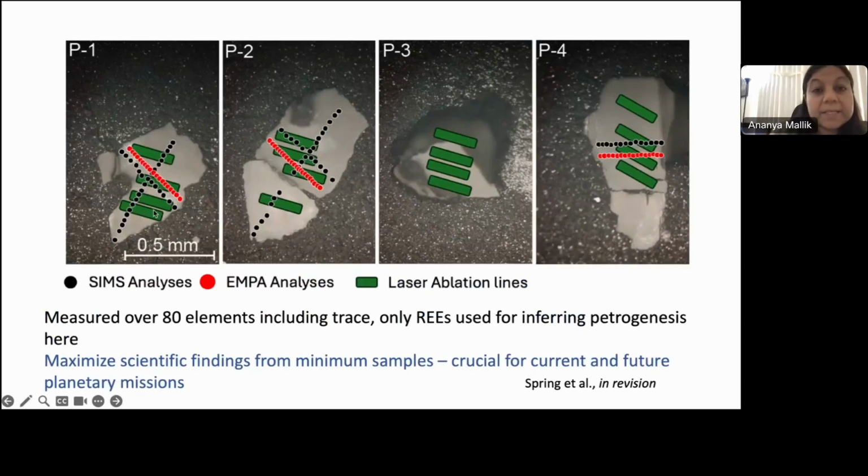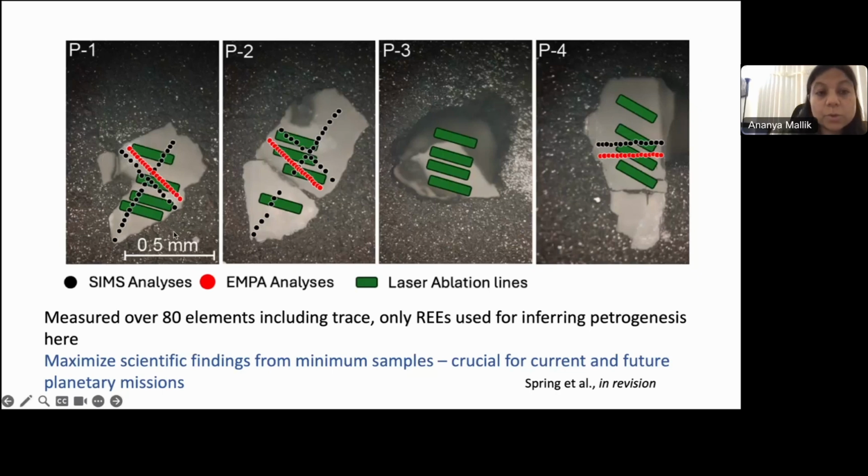These are the four grains that Isaiah analyzed, and he did a suite of analyses on them. He took these plagioclase grain separates and mounted them in indium. Then he did edge-to-edge tracks using both microprobe for major elements, as well as SIMS for certain trace elements. And then he did this laser ablation ICP-MS work, where he measured trace elements along these tracks marked by the green lines.